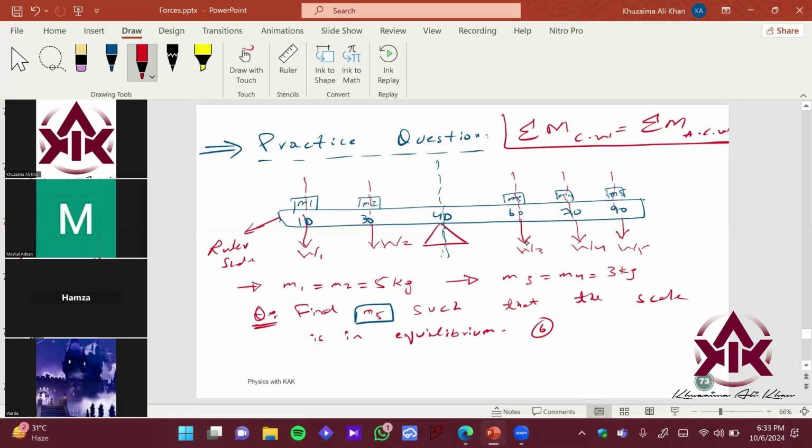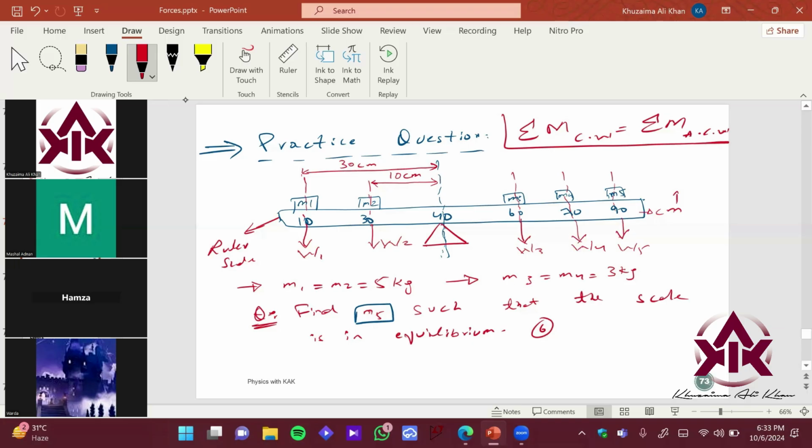Okay, so now let's find the distances. The distance for mass 2 from the pivot is going to be 40 minus 30, that is 10 centimeters. I want to convert it into meters. Similarly, from here till here, this would be 40 minus 10, so 30 centimeter.